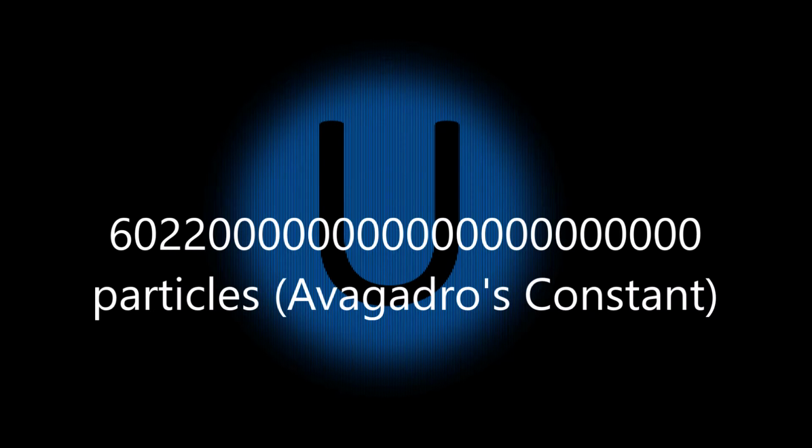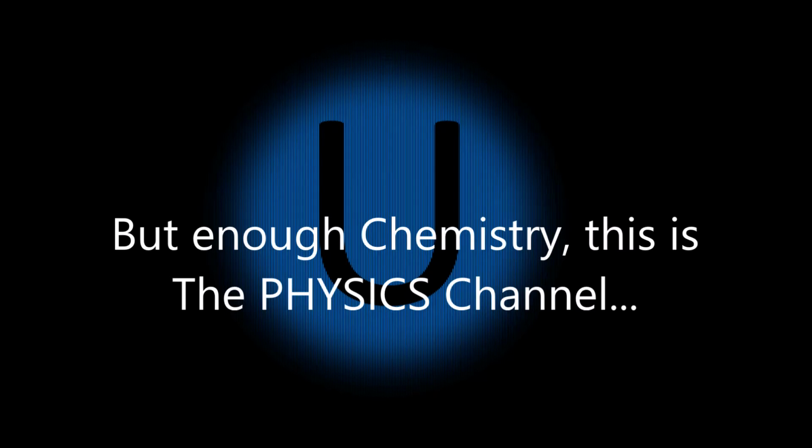So the unit for mass is grams per mole, or grams per 6.022 times 10 to the power 23 particles. That number, by the way, is called Avogadro's number, and it's used a lot in chemistry. But that's the mass unit we use.